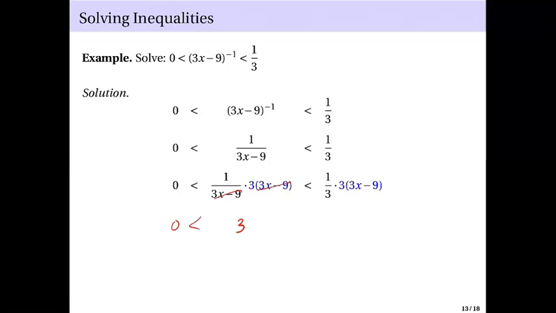Correct? In here, 3 and 3 will cancel. So we'll just have 3x minus 9. And the inequality there, it's still less than for this. So 3 less than 3x minus 9. Okay?